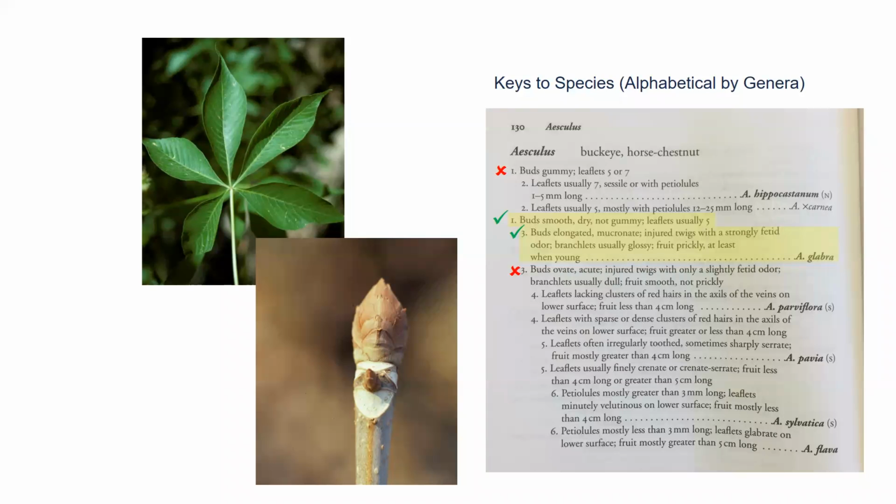Moving on to step 3 below that, it tells us the buds are elongated, acuminate, which talks about how the tips kind of come to an abrupt point, and has kind of a strong fetid odor. So that's where scratching the stem and getting that scent can be something that helps you jar your memory, or in this case, helps separate this out from the other species provided there.